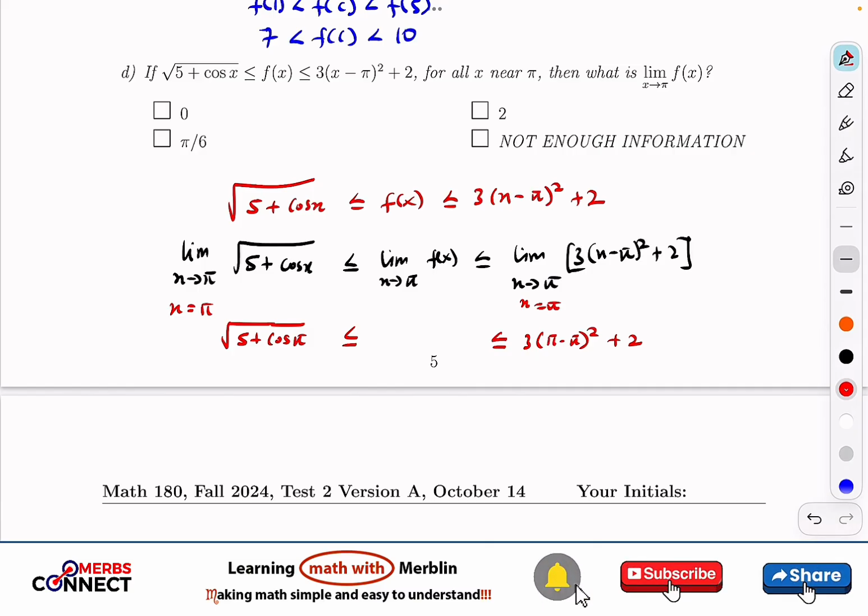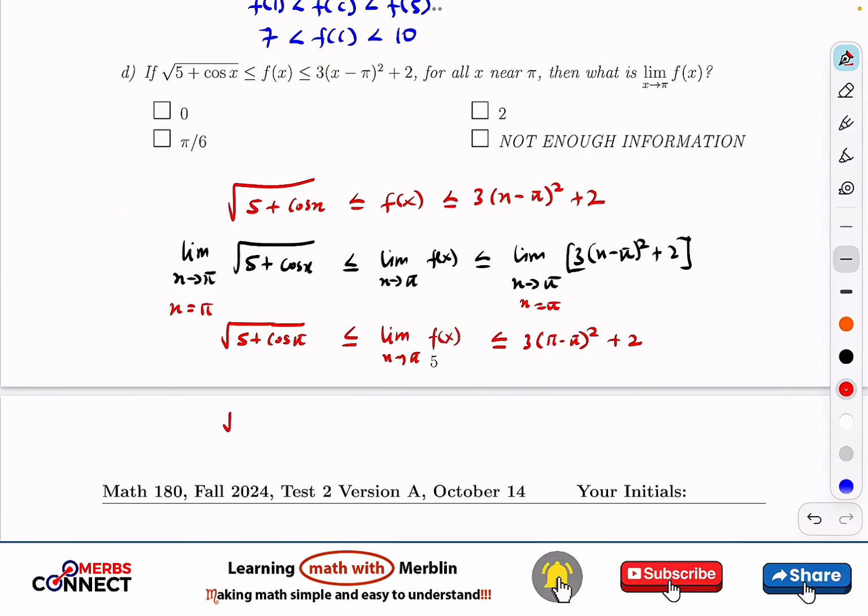Now, what is cos pi? Looking at the graph, cos pi is -1, right? So cos pi is -1.